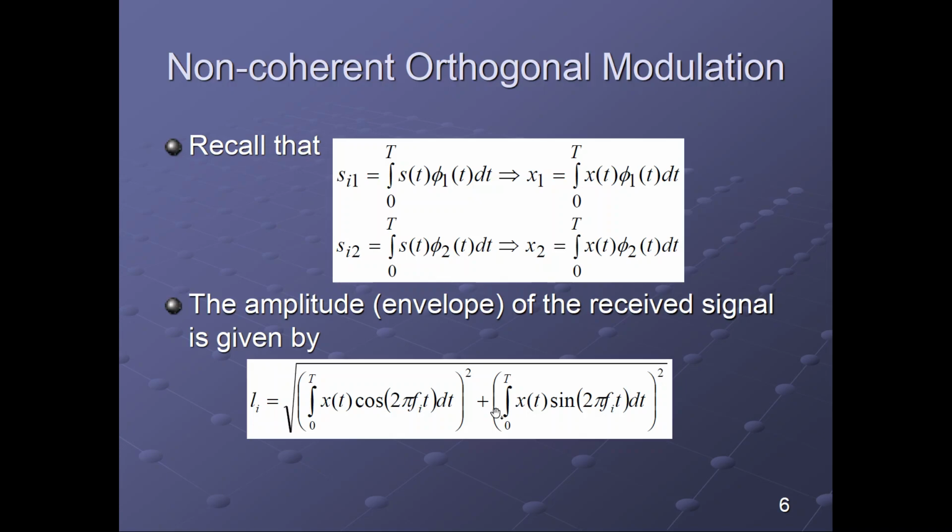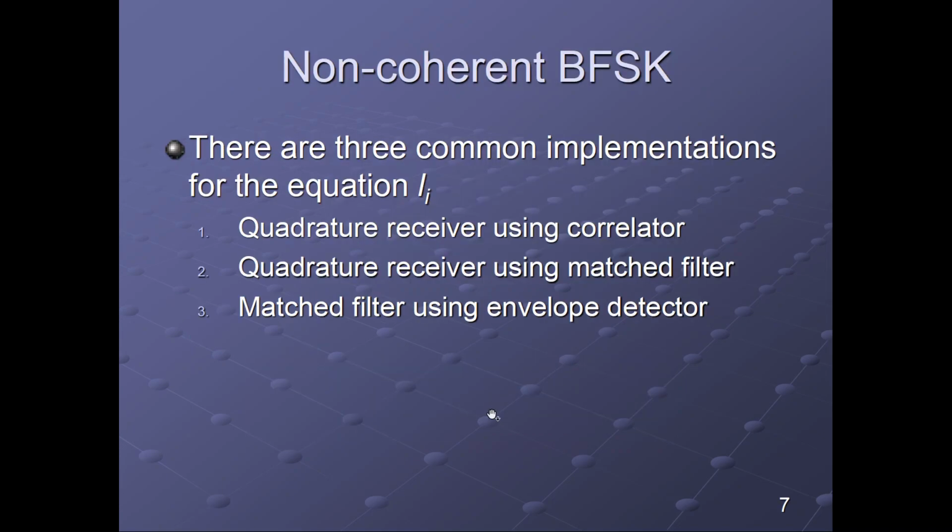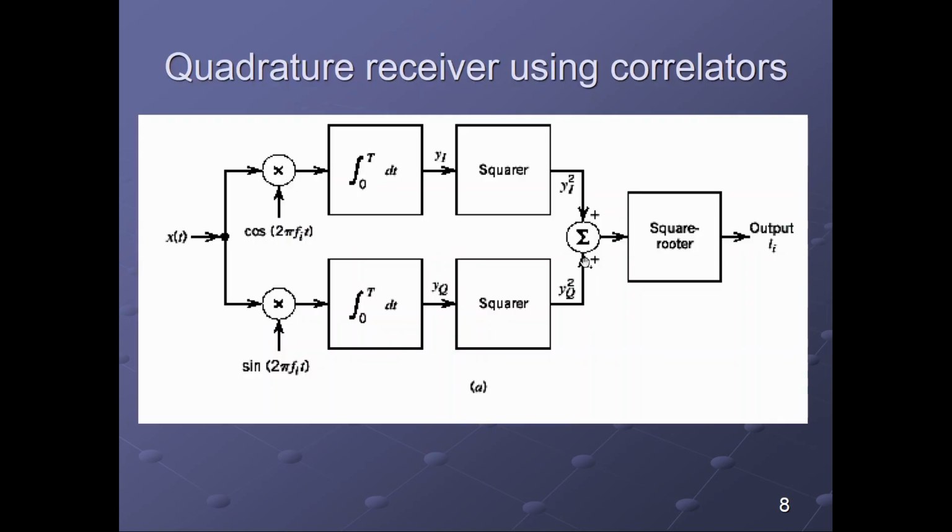If I tell you, mention 3 different ways of detecting the frequency shift keying signal non-coherently, you tell me the first way is to use a quadrature receiver that uses correlators, or a quadrature receiver that uses matched filters, or a matched filter using an envelope detector. Any one of these detection schemes can enable you to detect your data non-coherently.